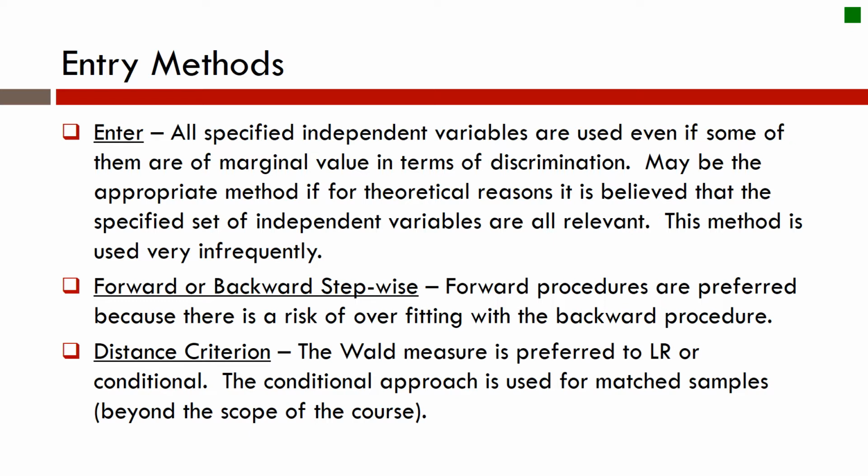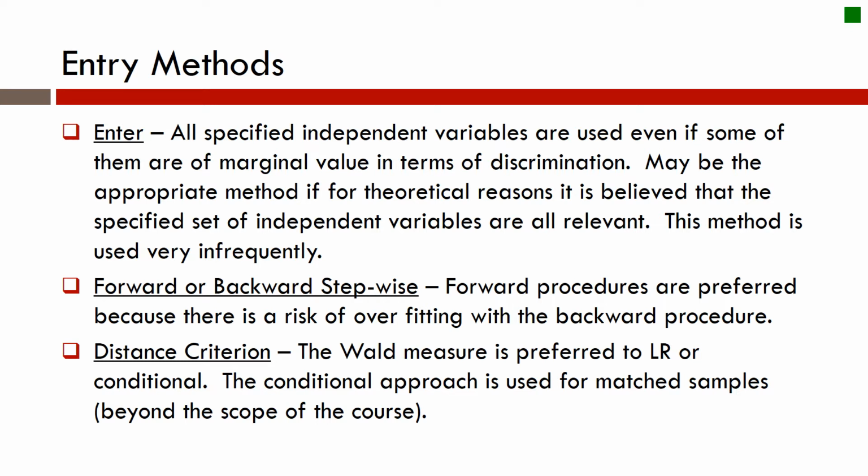An enter method would take all of your independent variables and put them into the model simultaneously, and then you would need to determine which ones are the most important, which ones to keep, and so forth. Forward and backward stepwise regressions enter the variables one by one, depending on their most or least level of importance.